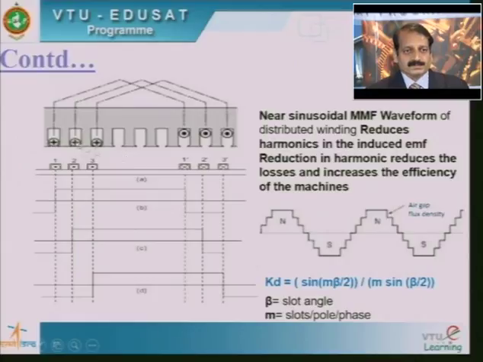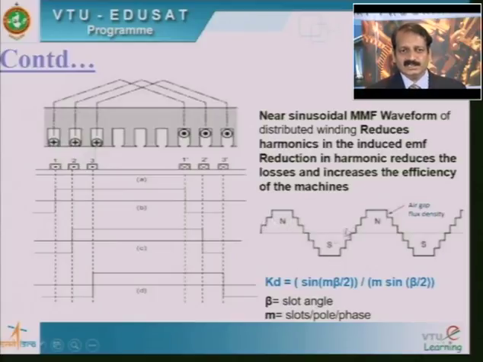Now let us consider, as discussed earlier, 3 coils in a coil group, and the MMF distribution of the 3 coils when considered separately is given in B, C, D. Now the group of these coils are connected in series together, and the MMF distribution resulting from the connection of 3 coils in series in a coil group is the stepped waveform.